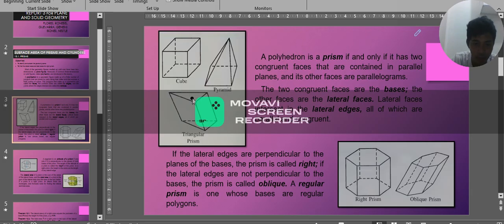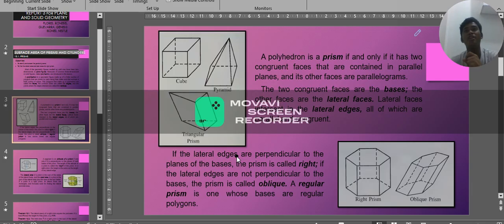Here in the triangular prism, we can see two congruent faces. They are what we call the bases. The other faces alongside the bases are the lateral faces. The lateral faces intersect in the lateral edges, all of which are parallel and congruent.